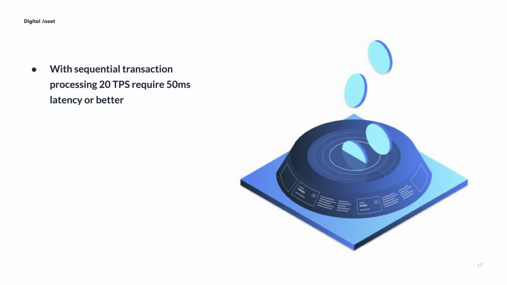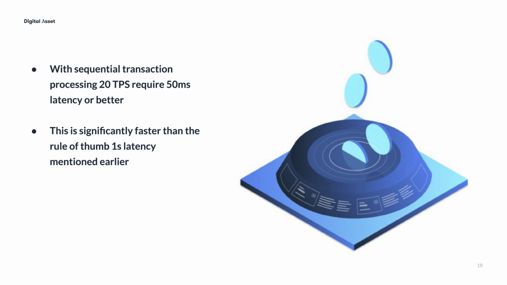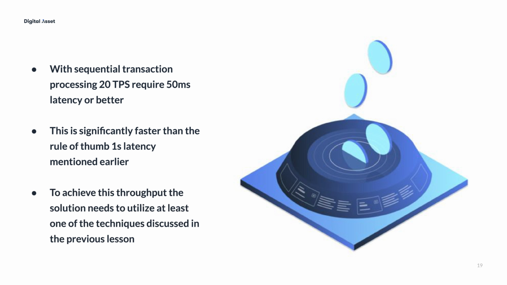The bank account is acting like a single cash register in a store, a single point of contention every transaction has to queue to access. This is significantly faster than the rule of thumb 1 second latency mentioned earlier. The bank account will be a bottleneck, and it will be impossible to meet this throughput requirement without fixing that. So we will need to apply at least one of the approaches we discussed in the previous lesson.